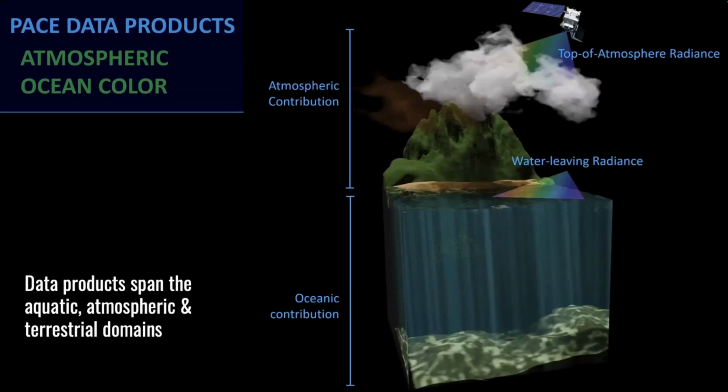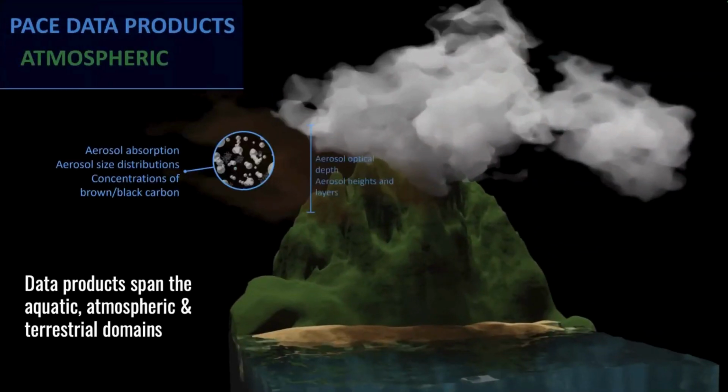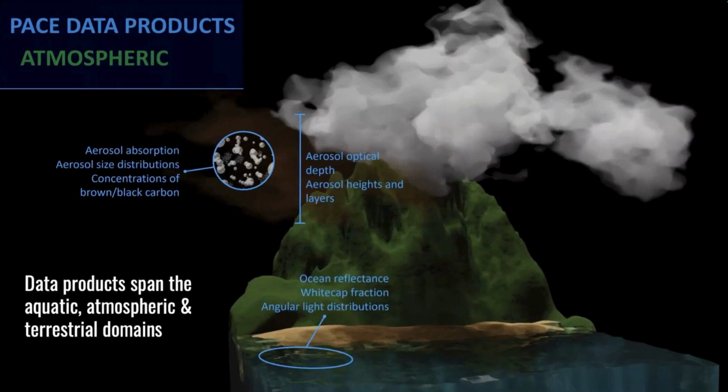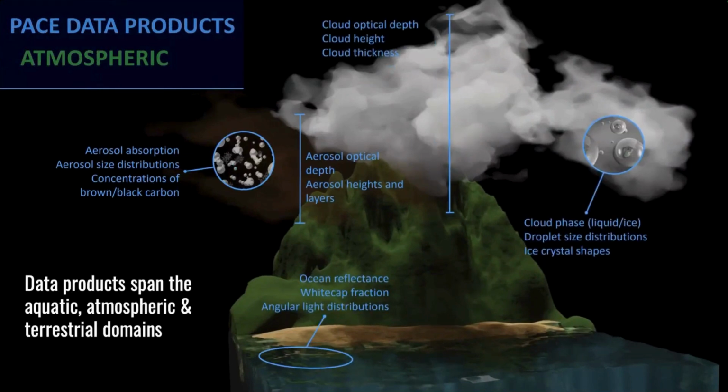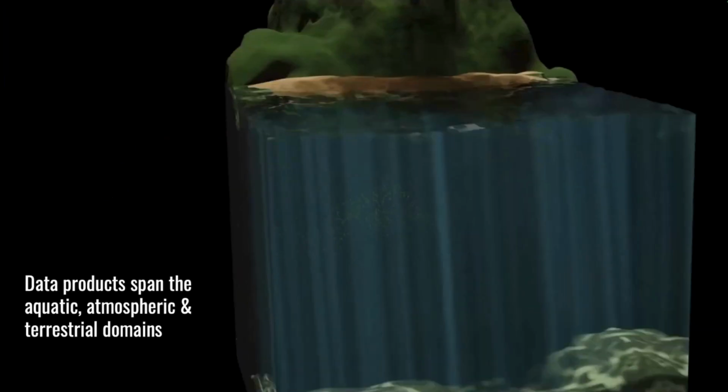Diving right in, PACE observations, as Jeremy was talking about, span the aquatic, atmospheric, and terrestrial domains. From the top of the atmosphere to just above the Earth's surface, the atmospheric contribution to the satellite signal provides data products that describe cloud, surface ocean, and aerosol properties.